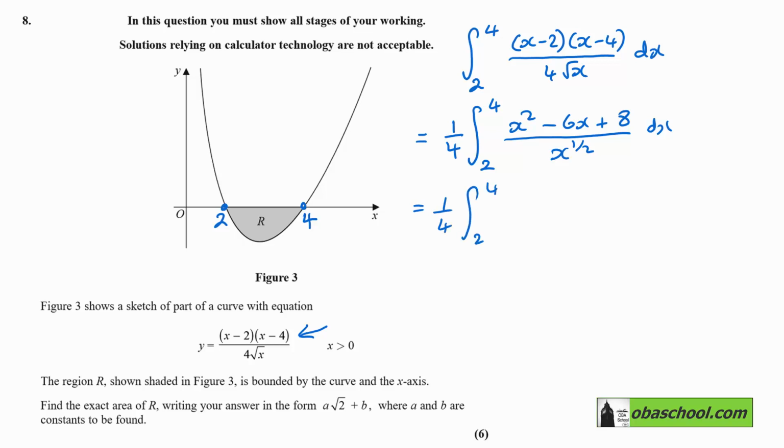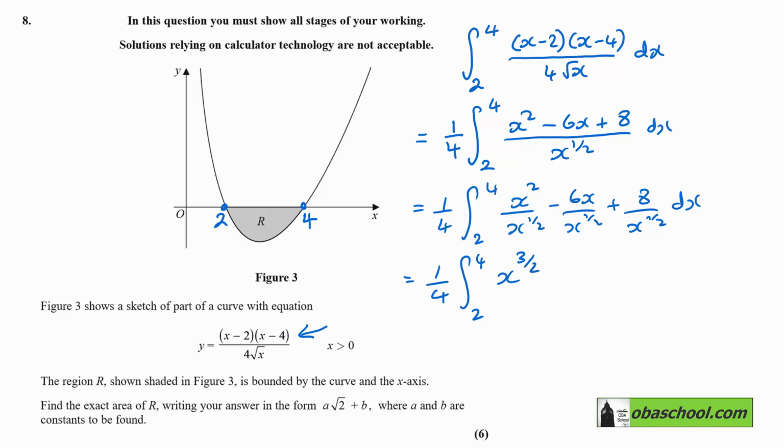So integral 2 to 4, we've got x squared over x to the half, take away 6x over x to the half, plus 8 over x to the half dx. So that is a quarter of the integral from 2 to 4 of x to the 3 over 2, take away 6x to the half, plus 8x to the negative a half dx.